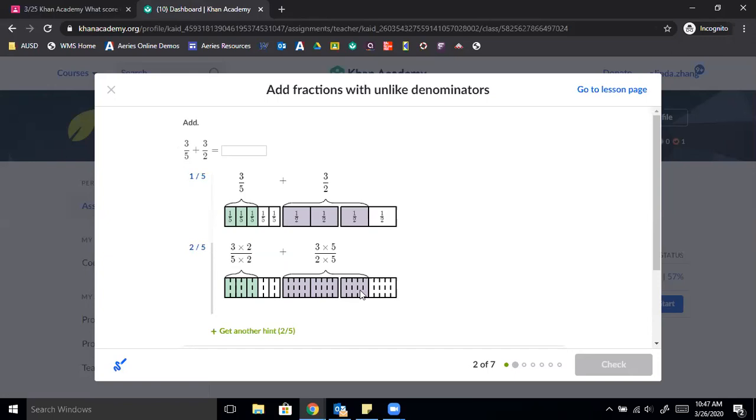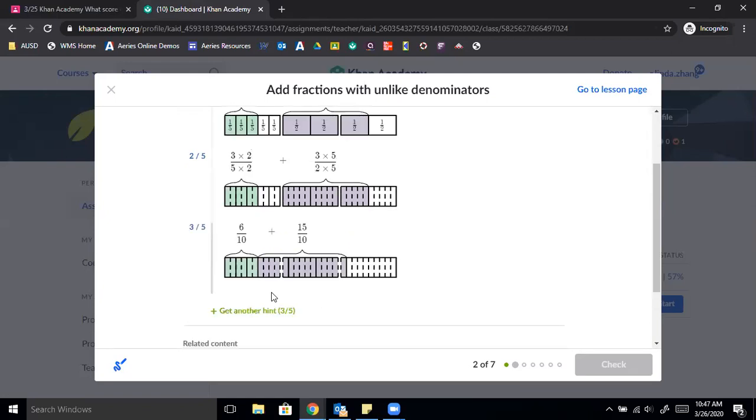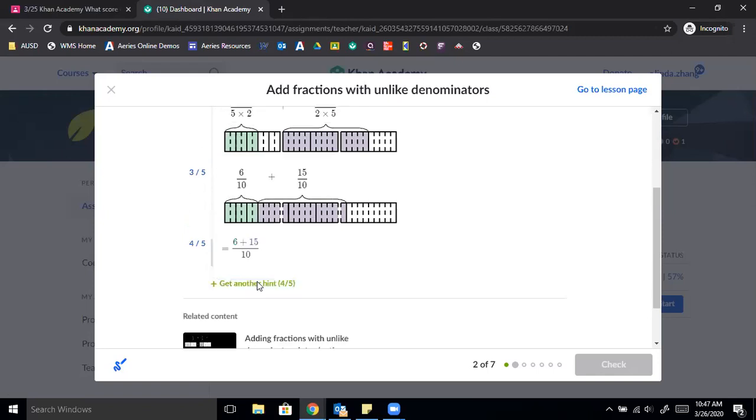Same thing here. They split all the halves into 5 equal parts. So now we've got tenths here as well. Okay. So we've got 6 tenths and 15 tenths. 6 plus 15, that's 21 tenths. So if you enter this in, that's your final answer.